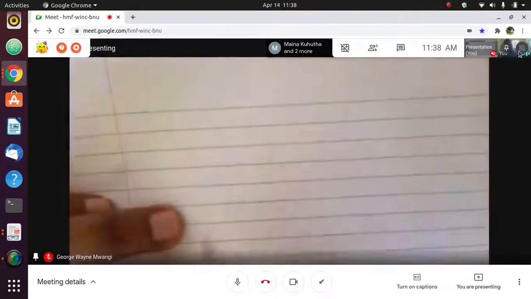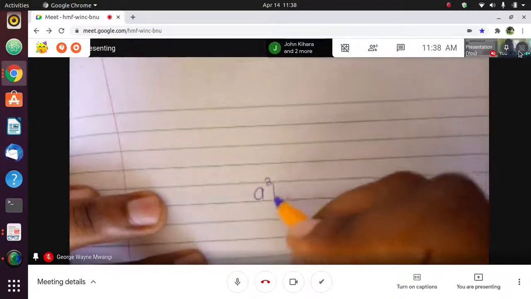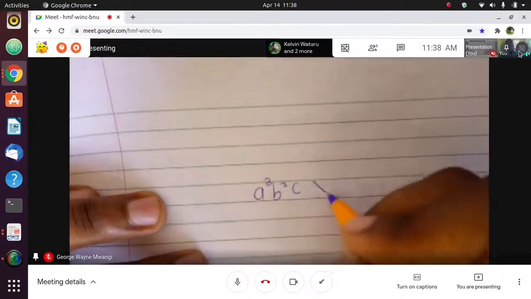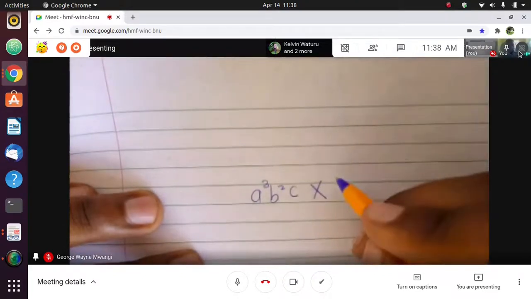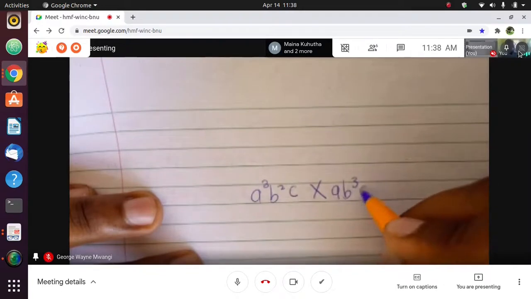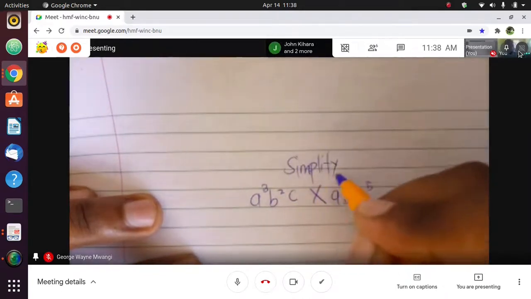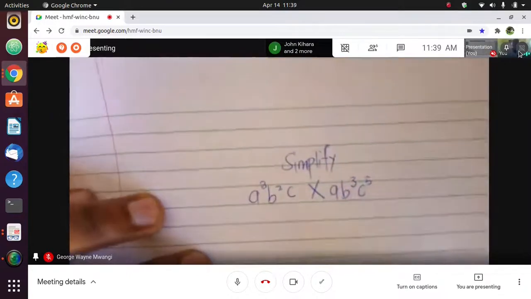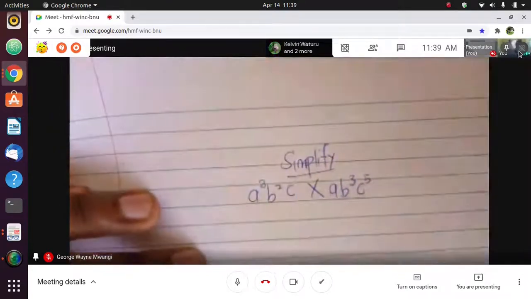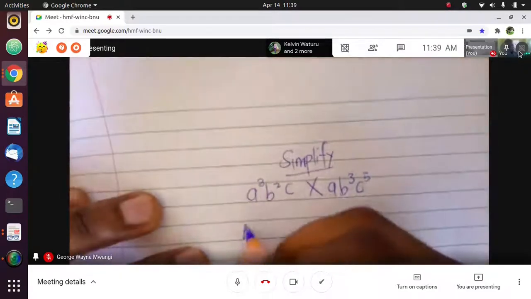Alright, let's do these examples. a cubed times b squared times c multiplied by a b raised to power 3 and c raised to power 5. You've been told simplify. You have already done the laws of indices, so I'm sure you can be able to simplify that.